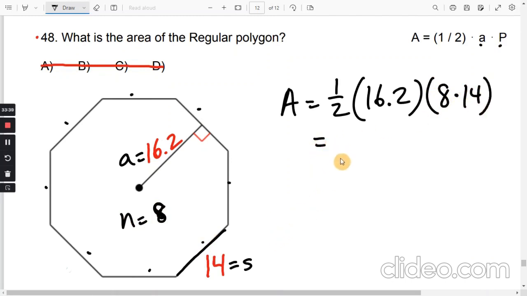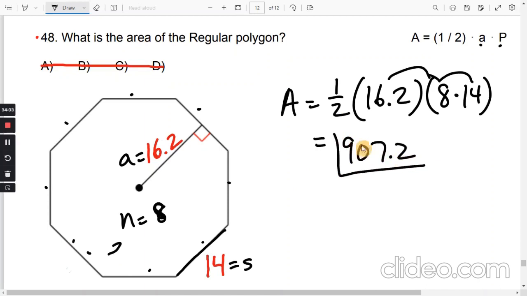All right. So I'll just divide by 2 at the end. 16.2 times 8 times 14. Hit equals, and then divide by 2 at the end. It's the same as times 1/2, and I get 907.2. All right, no units. So that's it.